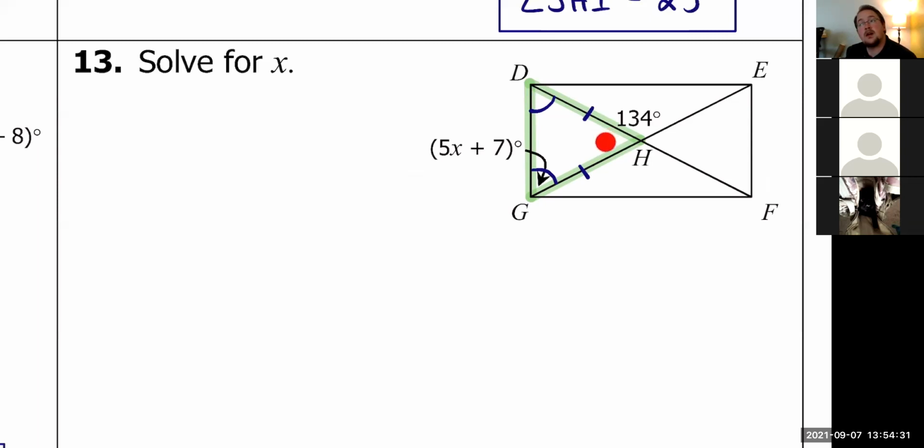2 times 5x plus 7 equals 180? Not quite, because that's only two of the angles. Triangles have 3 angles. I need that missing angle first before I can set it equal to 180. 180 minus 134, because these are a linear pair, which I believe gives you 46.